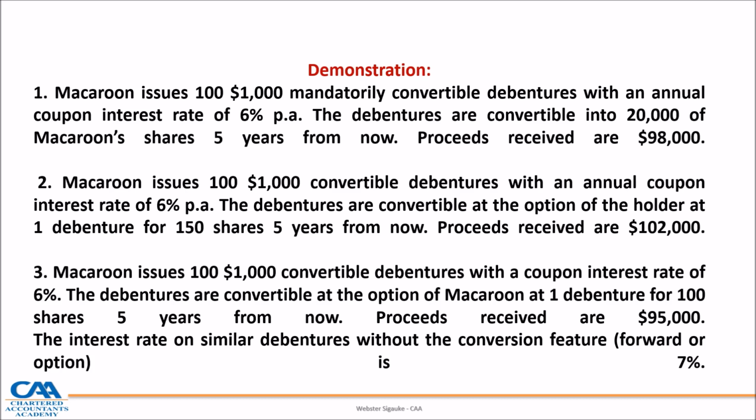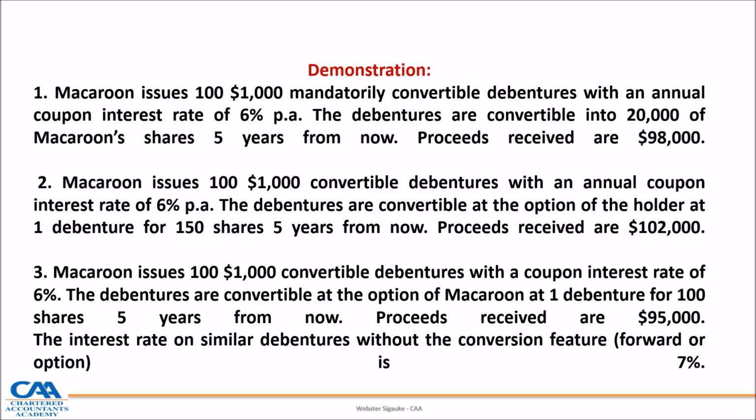So we have three examples. Macaroni issues 100,000 mandatorily convertible debentures with an annual coupon interest rate of 6% per annum, and the debentures are convertible into 20,000 shares of Macaroni 5 years from now, and proceeds received are 98,000.